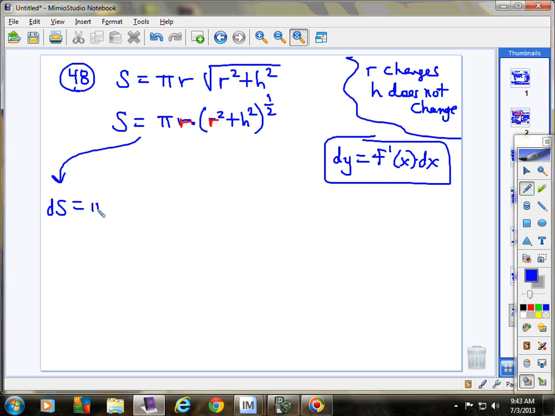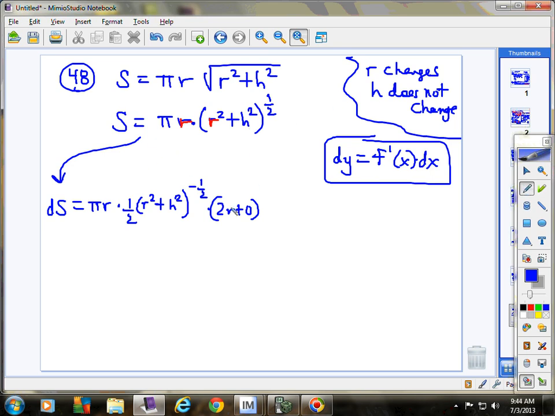So the first times the derivative of the second, that derivative of the outside would be a 1/2 power, subtract 1, get a negative 1/2. Times the derivative of the inside would be a 2r plus 0. That's a constant. It does not change. It means it's a number for all intents and purposes.